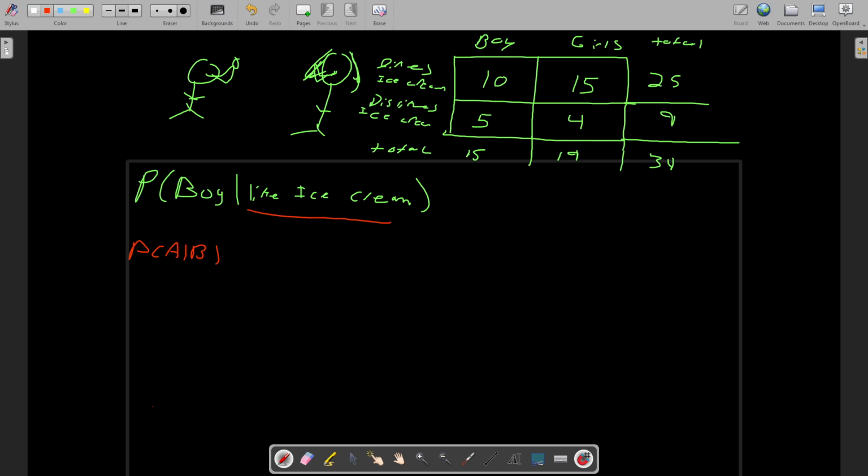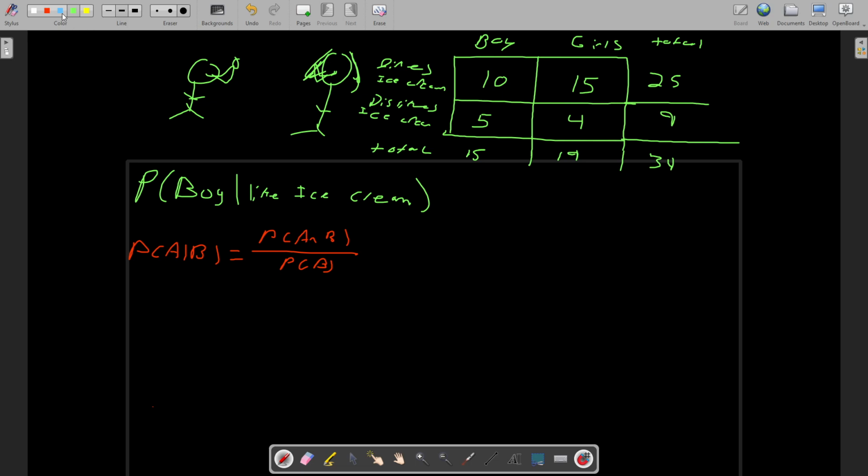Like you're given this information. So given that this scenario happens, what's the probability of this? The probability of A given B is the probability of A and B over the probability of B. Not the probability of A, but the probability of B. So the probability of whatever is behind the bar, already given.